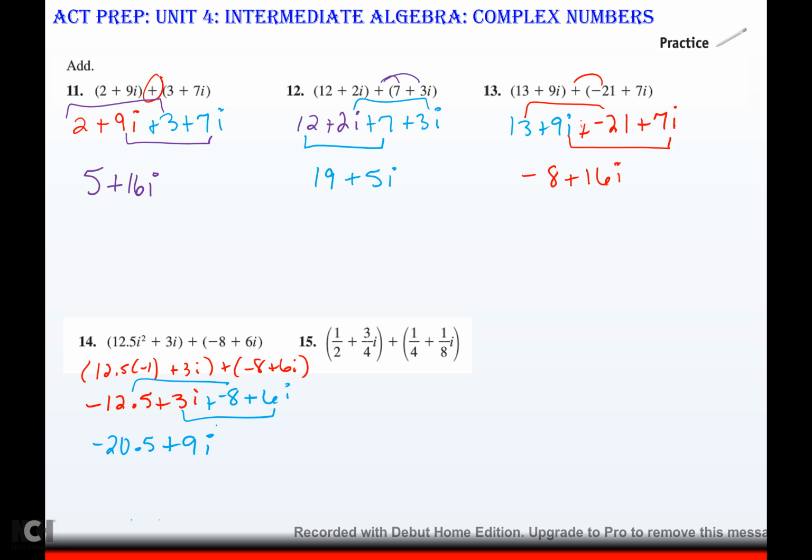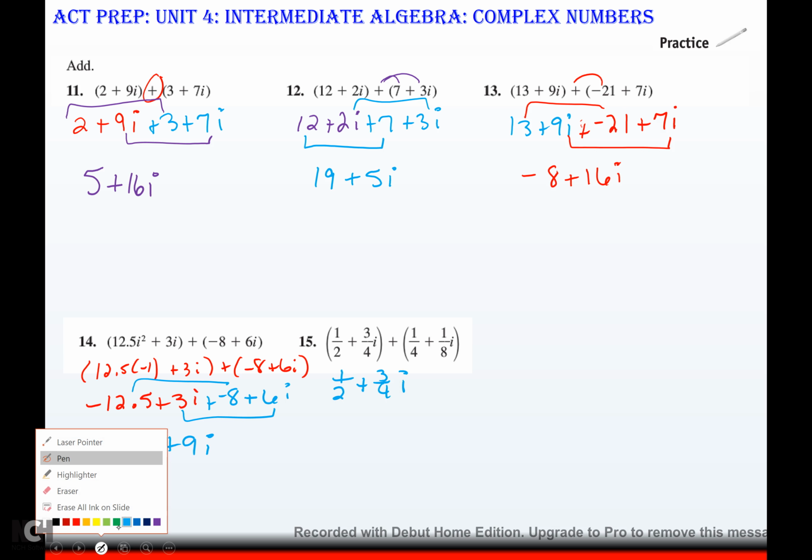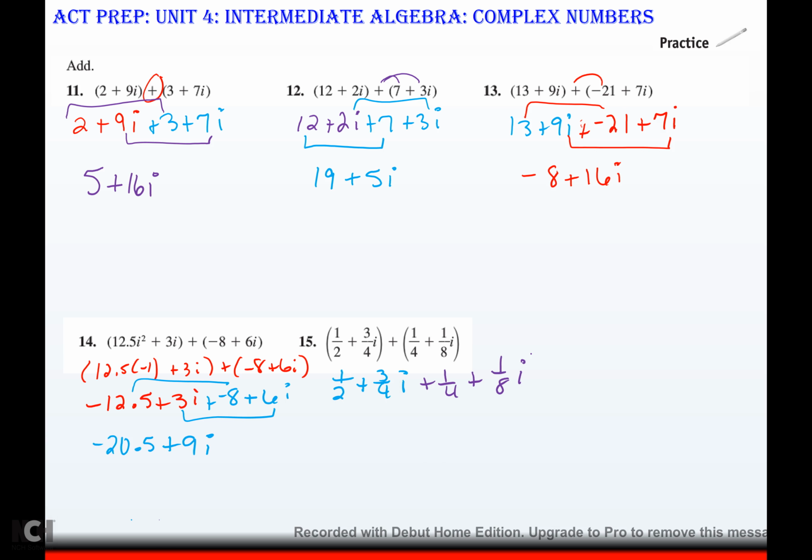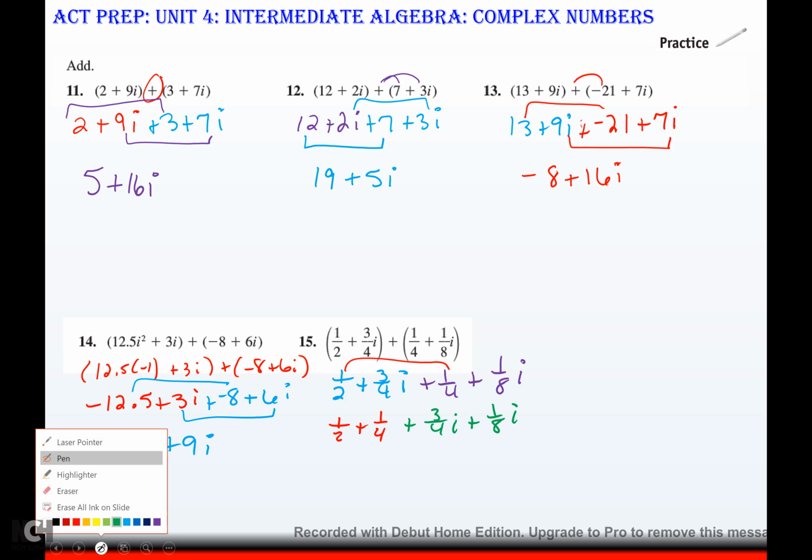Alright, and then on this one, we are again adding. So I have 1/2 plus 3/4 i, and I'm adding to that 1/4 plus 1/8 i. But you still have to combine like terms. So I have 1/2 plus 1/4, and then my imaginary, plus 3/4 i plus 1/8 i. Well, you can use a calculator or your brain. Remember my crisscross, straight across when you're adding.